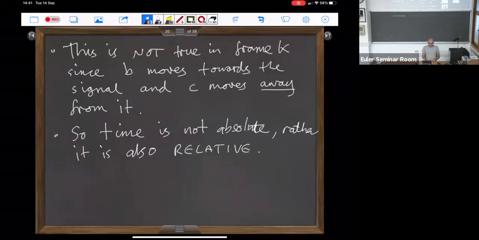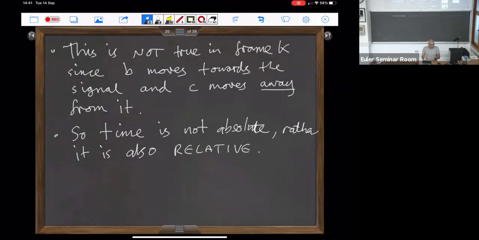This is not true in the frame K, since B moves towards the signal and C moves away from it. The point there is that the times will be measured differently. The time that the signal arrives at B and C will be different in the K frame, which means that time cannot be absolute.